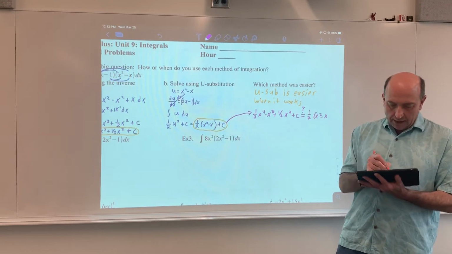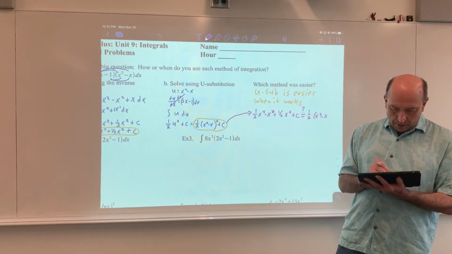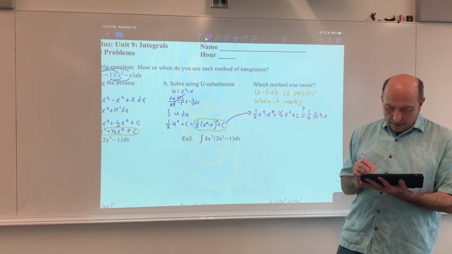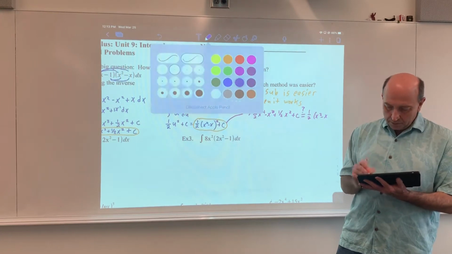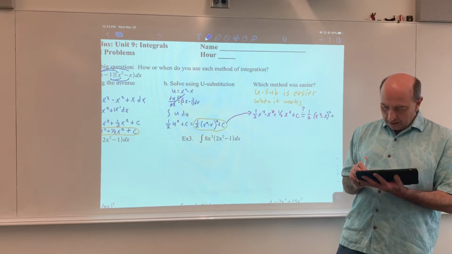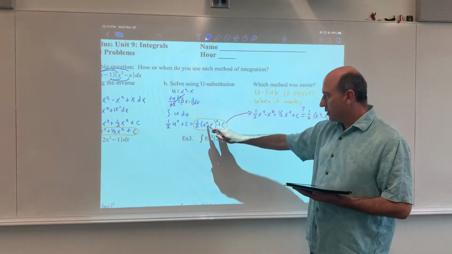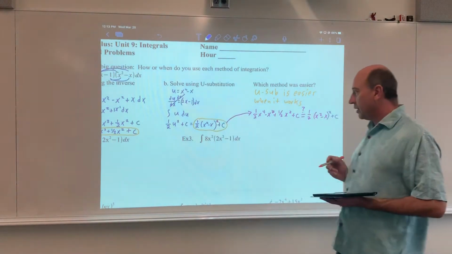Oh, sorry, I just realized I forgot the squared here. There should be a squared right there. 1/2 times x squared minus x, squared, plus c. Do you see what I noticed I missed? Because it's u squared, I missed the u squared. I missed that squared there the first time.